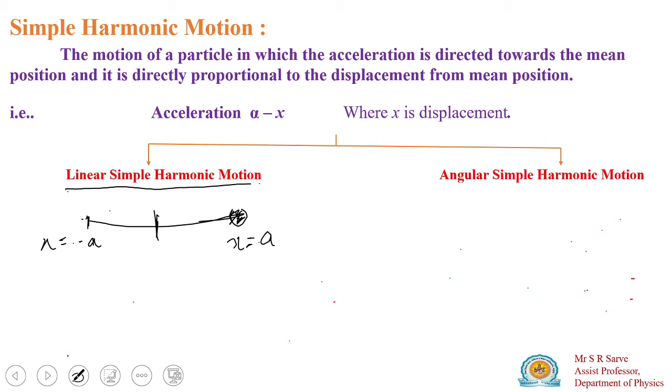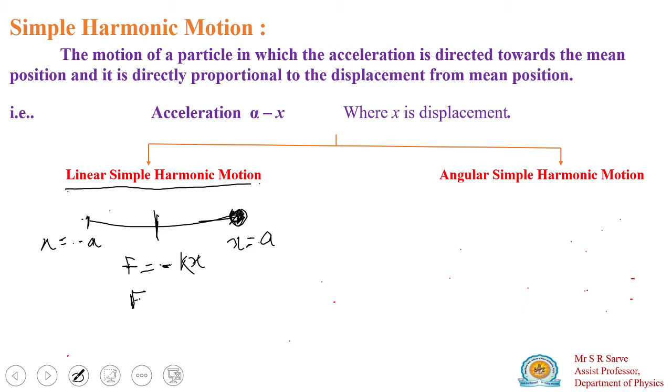So this bob is moving along this mean position. Then what is the restoring force? F is equal to minus kx. And what is the equation for Newton's second law?